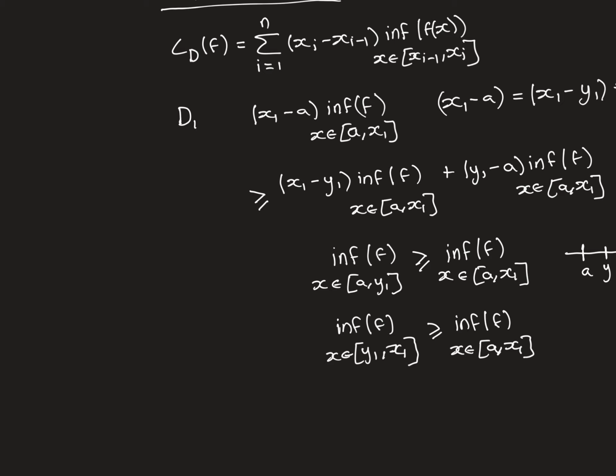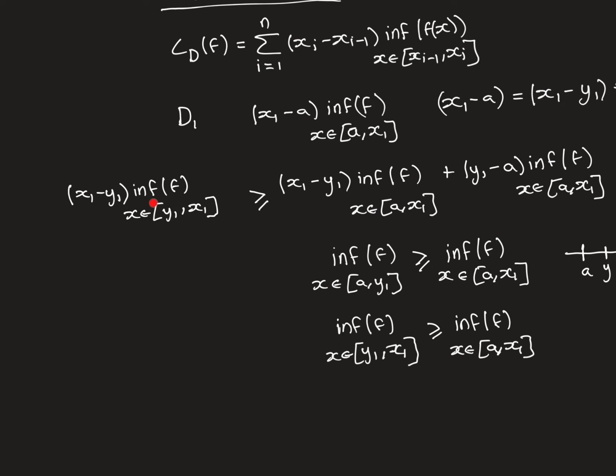So this is guaranteed to be greater than or equal to. So the thing that we actually want in our lower Riemann sum over D2 is going to be x1 minus y1 times the infimum of the values of f over that interval from y1 to x1.